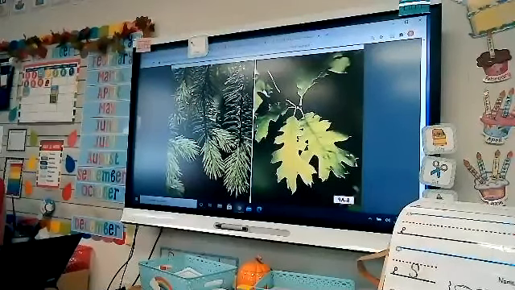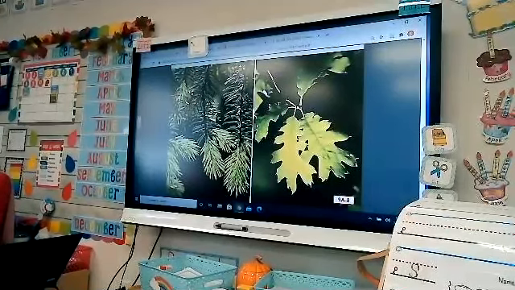What important part of a plant is found in the cones? Brooklyn? The seeds. That's right. What are the leaves of an evergreen tree called? Dylan? Close. Needles. Yes, needles. And what do the needles do? It's a lot like leaves on deciduous trees.